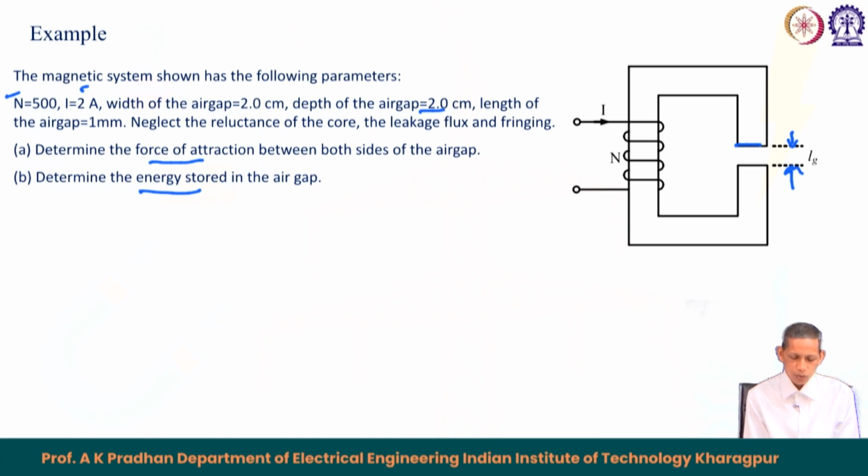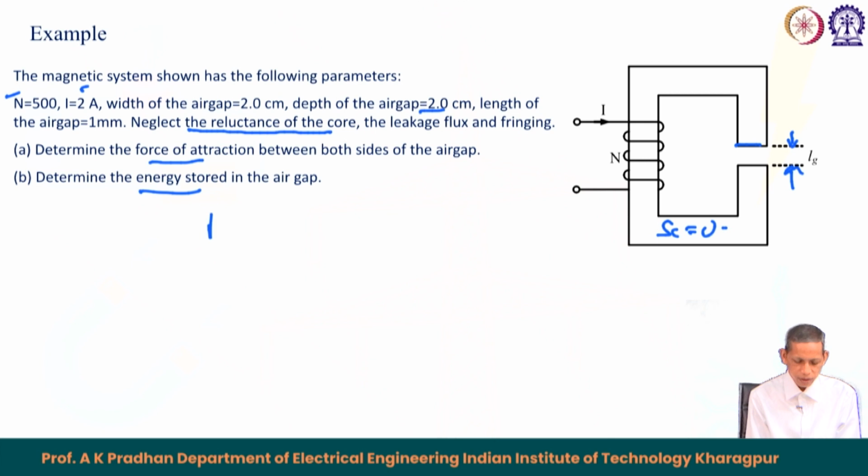Neglect the reluctance of the core. So, the core reluctance S C is 0, which means there is no H L drop in the core. The leakage and fringing are also neglected. Determine the force of attraction between both sides of the air gap.